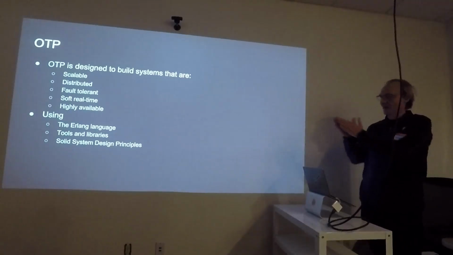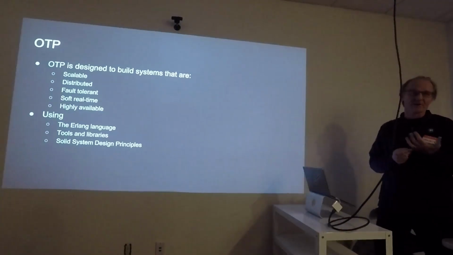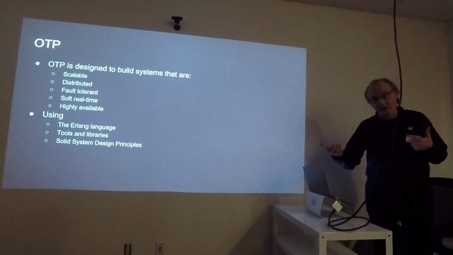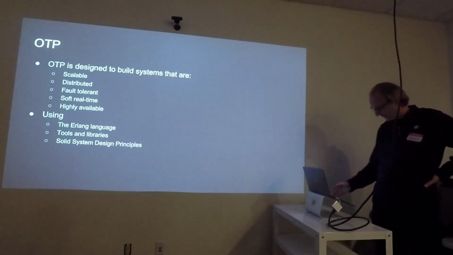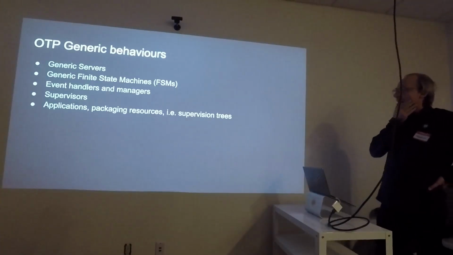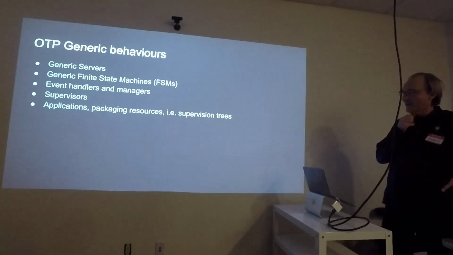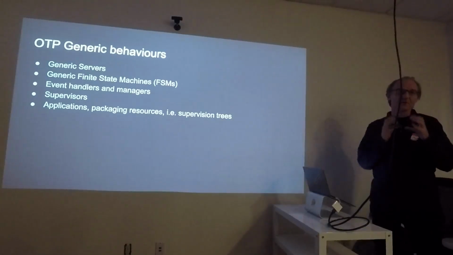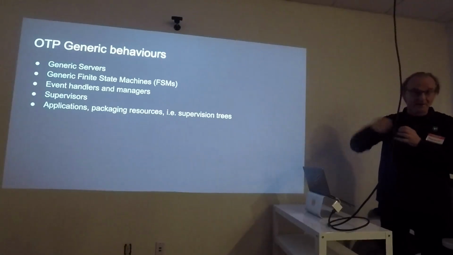They use solid system design principles about how to deal with concurrency and highly distributed systems that can also fail, and deal with failure as well. It is pretty impressive. For the most part in OTP, they call them behaviors, and you use this behavior in your code, as opposed to a library call.